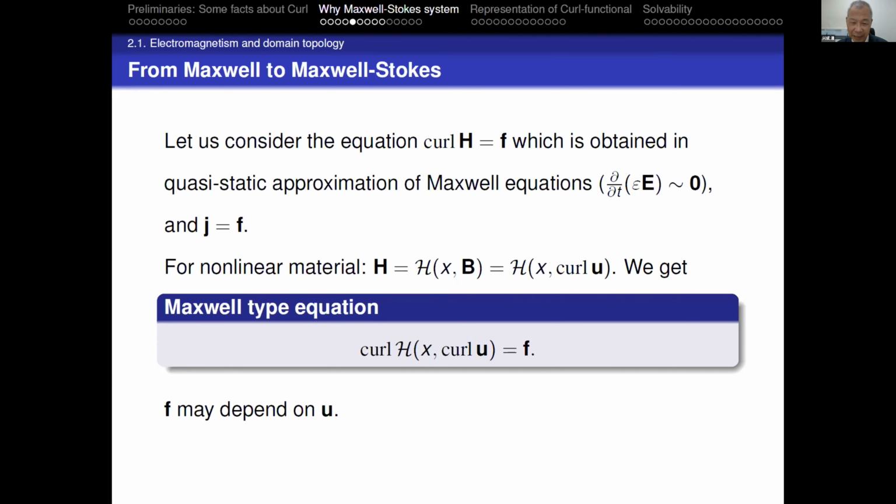For nonlinear material, the relation between magnetic field H and magnetic induction B is nonlinear. You plug in B = curl U, then you get the second order equation curl H(curl U) = F. And F could depend on U.